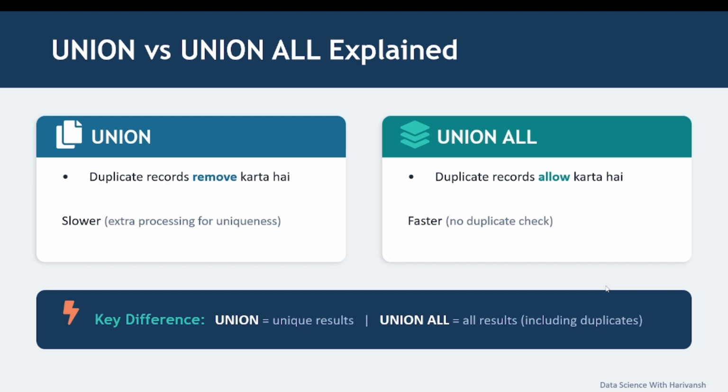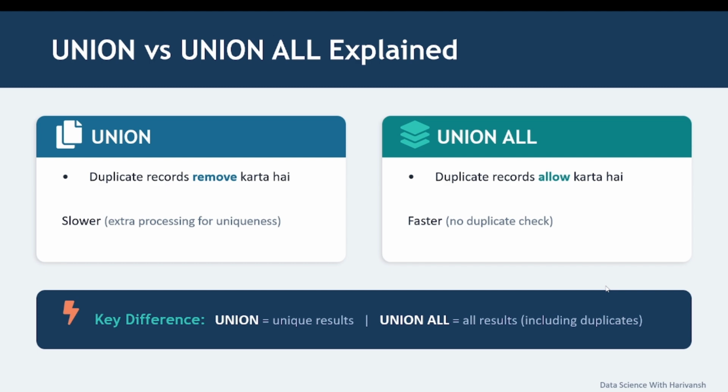As a general best practice in SQL, if you are certain there are no duplicates or if duplicates are acceptable in your output, always prefer union all over union because the performance difference can be very significant on large tables. Only use union when you specifically need guaranteed uniqueness in your combined results.